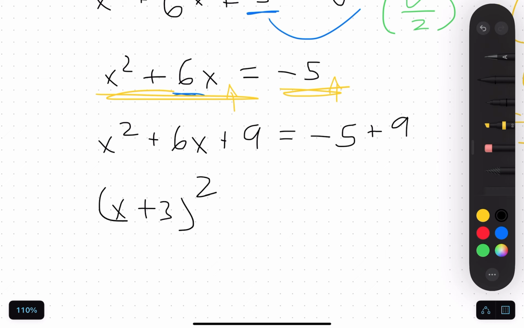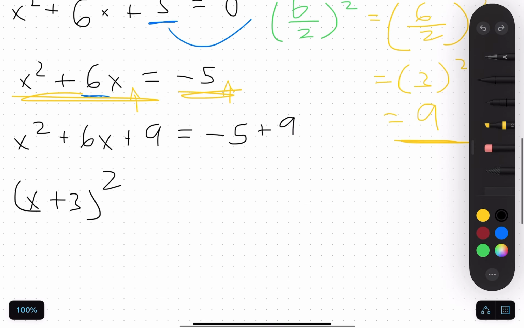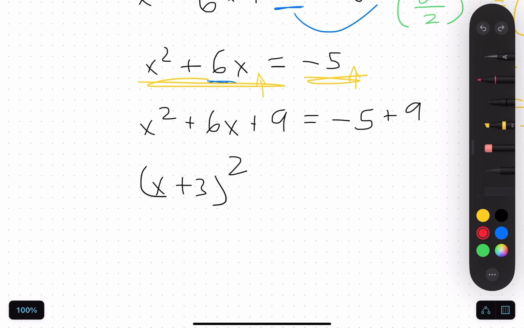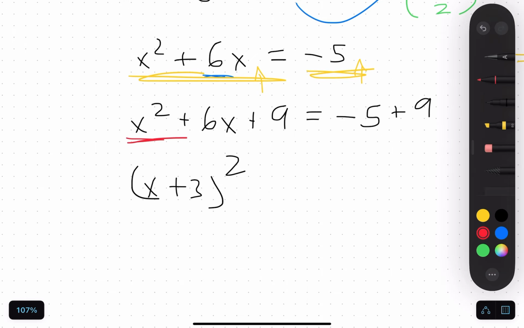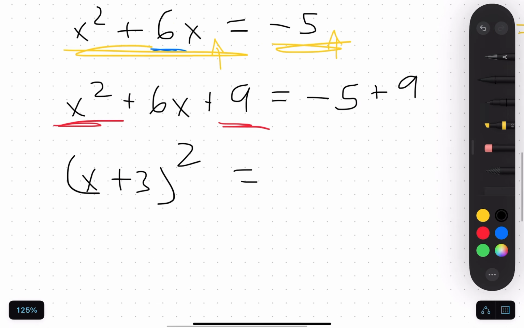That's because x squared divided by x is x, and 9 has factors of 3 and 3. When you factor perfect square trinomials, you basically get the square of this: the square root of 9 is 3, and the square root of x squared is x. If that makes sense.